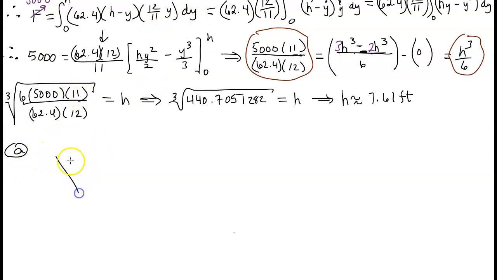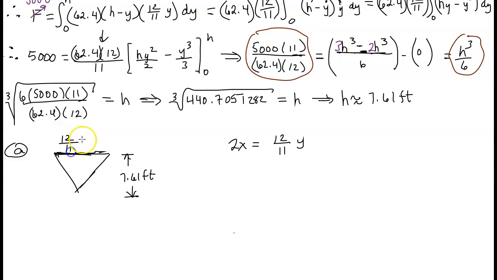So for part A, notice that we have this triangle, and the height of this triangle is going to be 7.61 feet. Okay. We also know that the length of this is going to be 2x, but we also know 2x is just 12 over 11y. So this is just going to be 12 over 11 times 7.61 feet. And then of course, this is going to be our area.